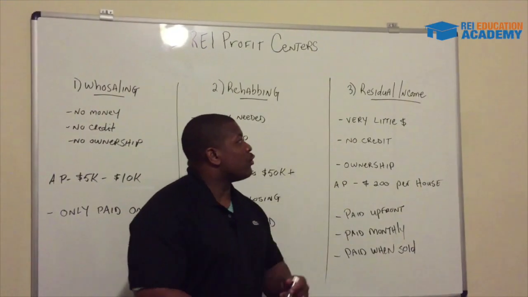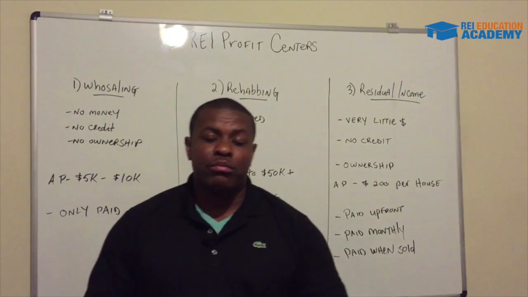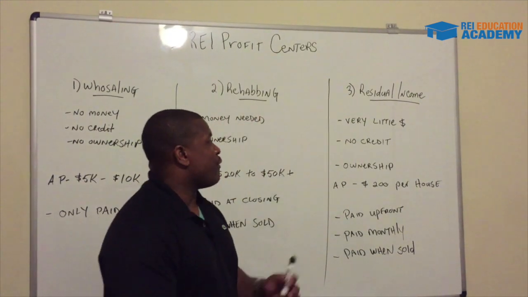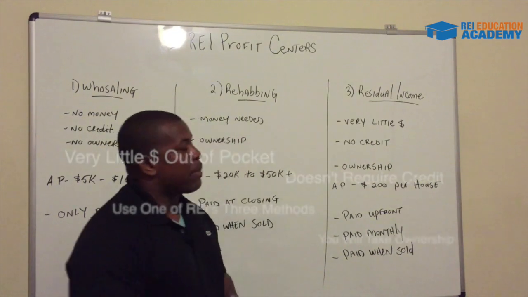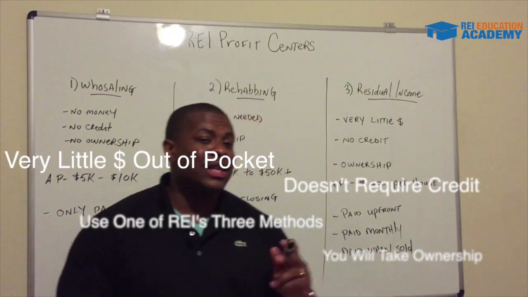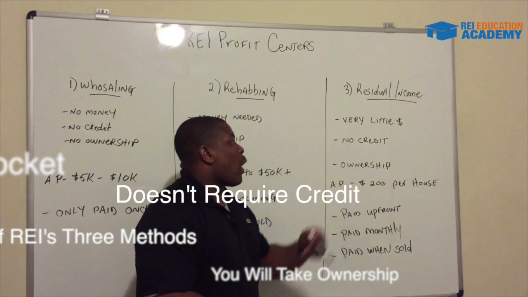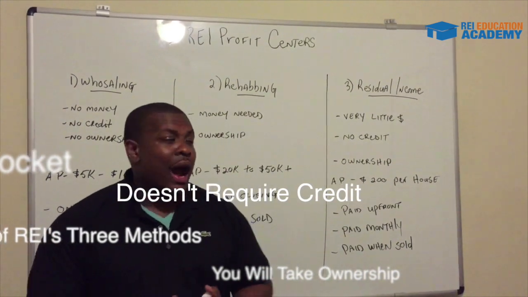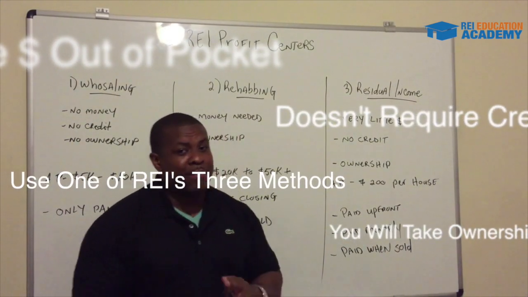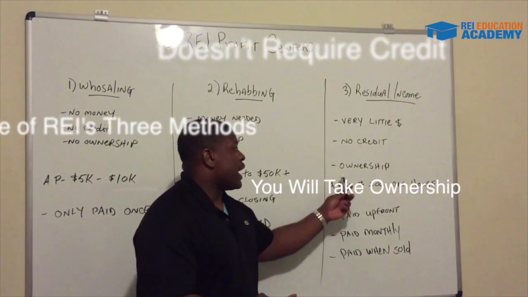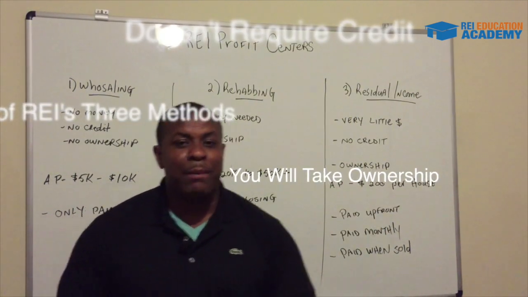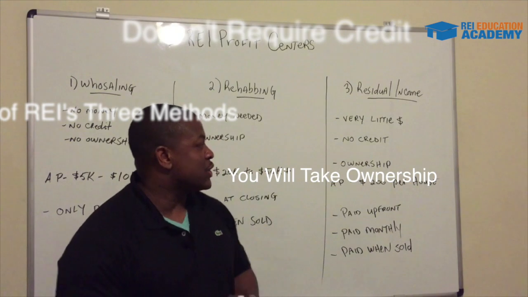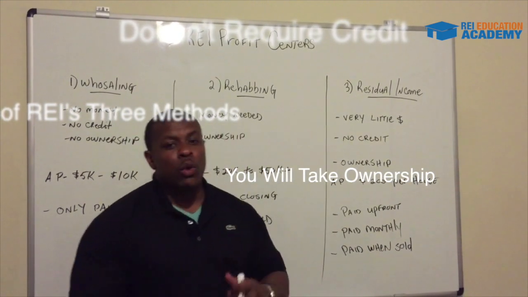Then you have the residual income method, where you can basically get involved in these deals with very little money out of pocket, if any. It doesn't require you to have any credit either, because you're going to use one of the 3 methods that I'm about to mention, and you will take ownership of the property on 2 of these methods, but with the 3rd one, you will not.